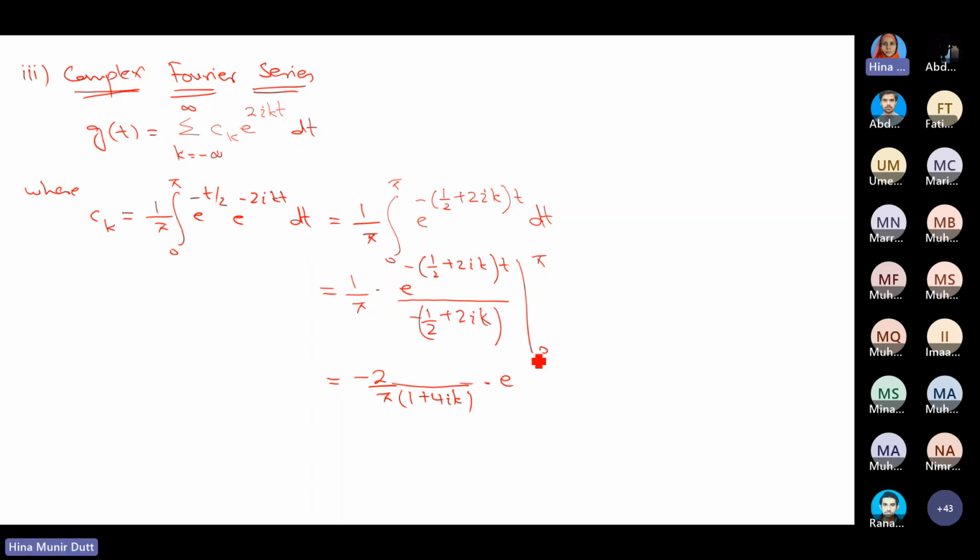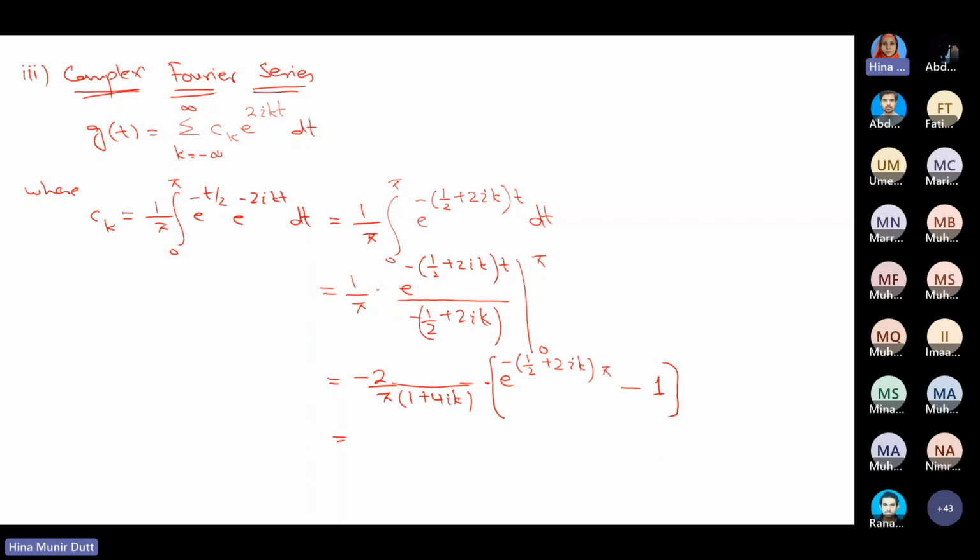Substitute t equal to pi first. e to the power minus 1/2 plus 2 iota k pi, minus e to the power 0, which is 1.